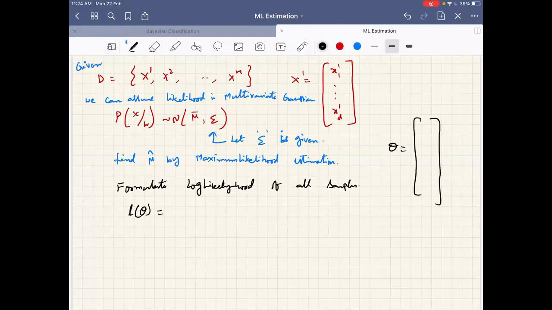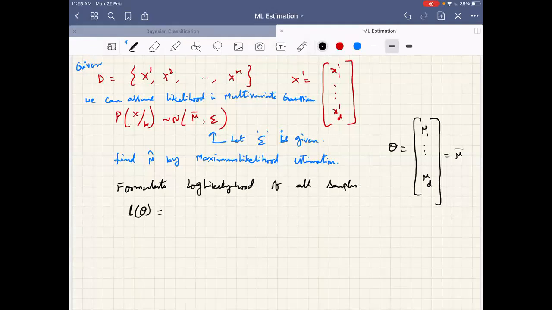It is the only parameter to be estimated, since sigma, the covariance matrix, is given. If sigma is not given, it is a two-dimensional matrix and theta is one-dimensional, so both put together you have to estimate. Here only mu is to be estimated, so theta is a vector of the mean variables, mu1 to mud. Is this clear?